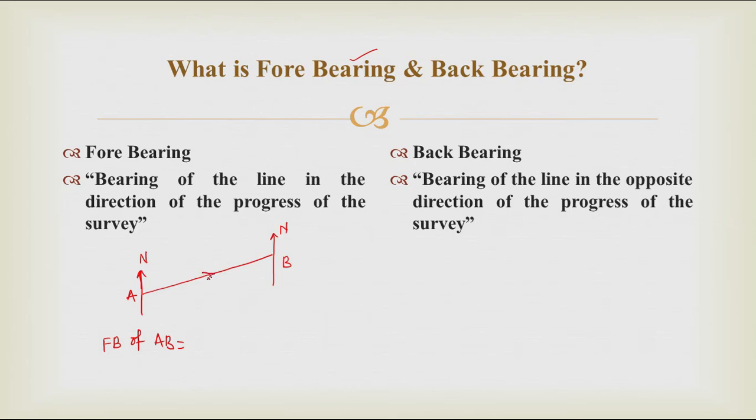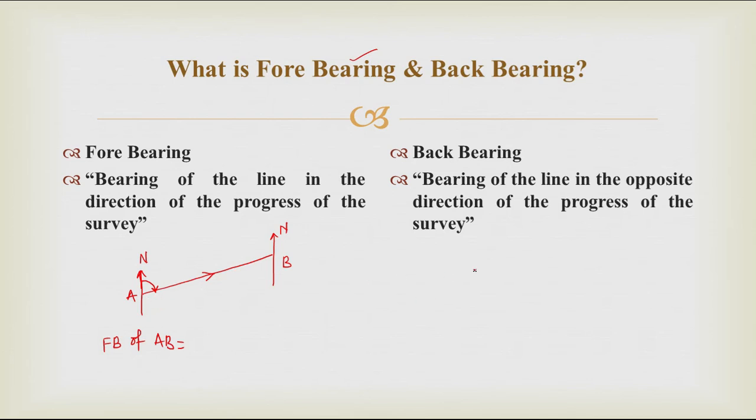Let's say this is the direction, we are calling it AB. So this is the direction of progress of the survey. So this is the angle which this line makes at A with the north direction in the progress of survey, right?